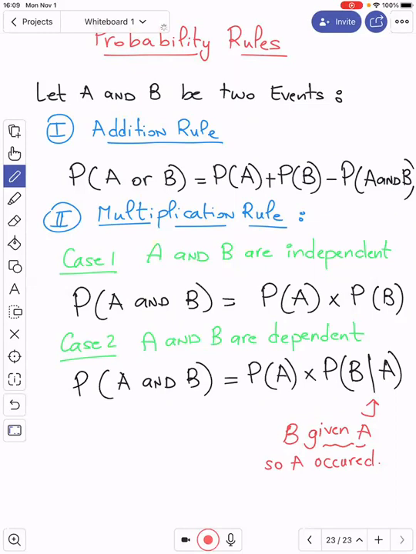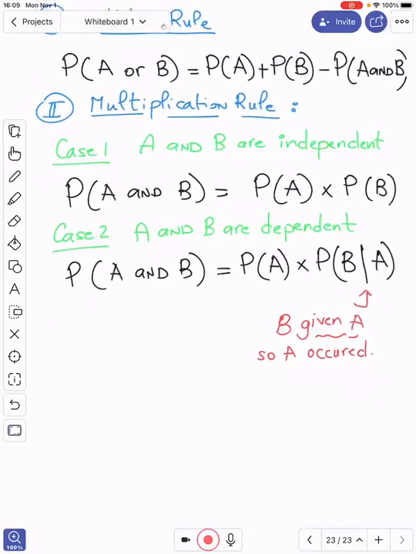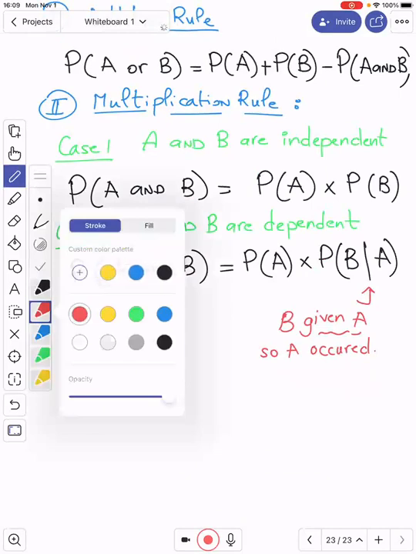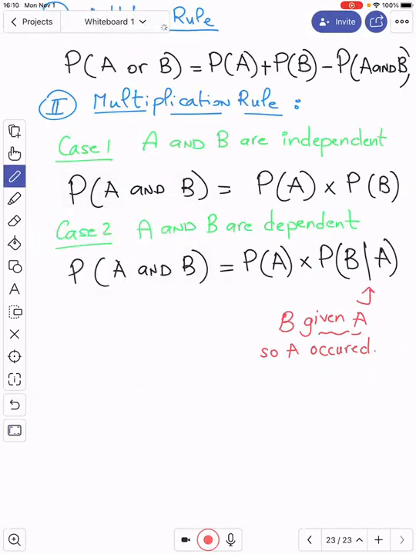All right, so we can then probably do another exercise. I'm going to give you an example, just to remind you how to compute all these probabilities.